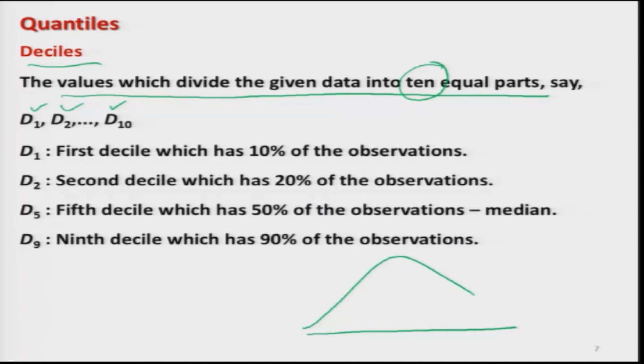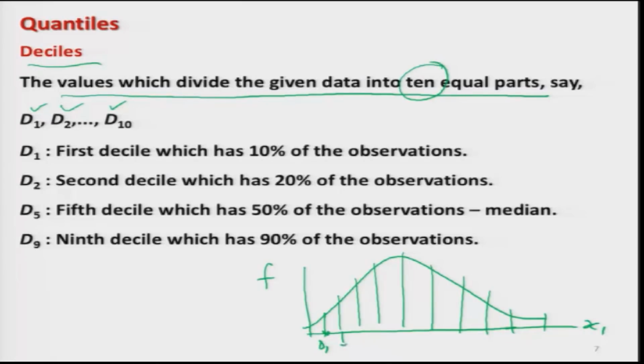If I have this frequency distribution, then I divide it into 10 partitions. So, these partition values on the x axis are D1, D2, D3 and so on, up to D10.